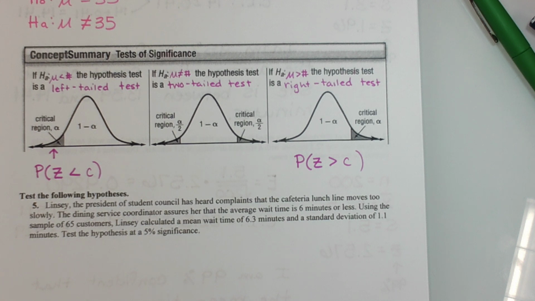You're trying to prove that it could be either greater than or less than. Which you're trying to prove is going to depend upon your data. If your data shows that it's greater than, you're going to prove that the probability of it being greater than is too small. If your data shows that it's less than what it should be, you're going to prove the probability of it being less than is too small.